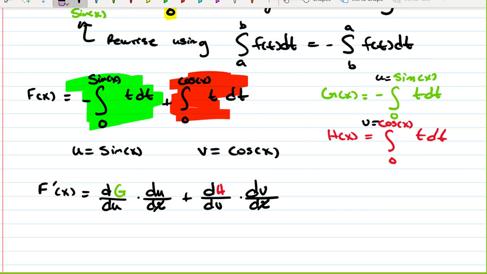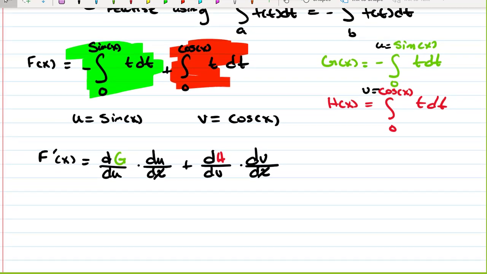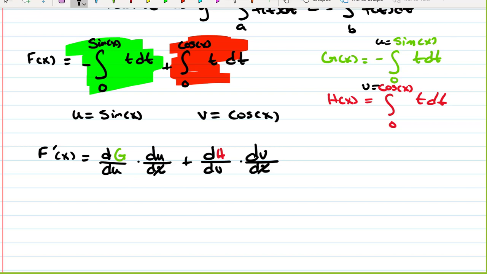So then dg du is going to be negative, I replace the t with the u, times du dx, which is going to be cosine x, plus dh dv is going to be v, so I replace the t with just v, times dv dx, which is going to be negative sine x.